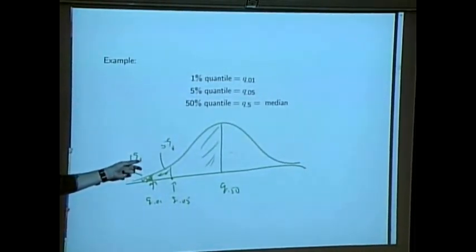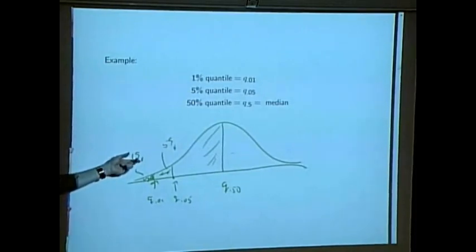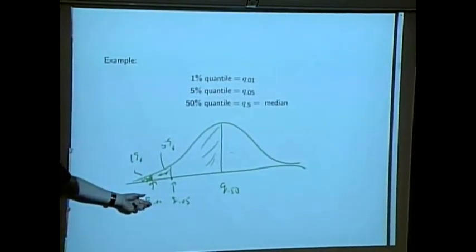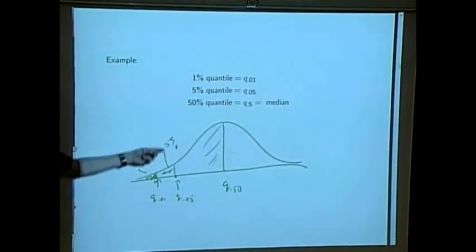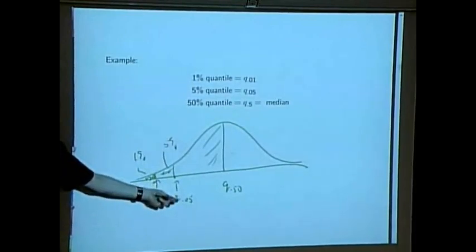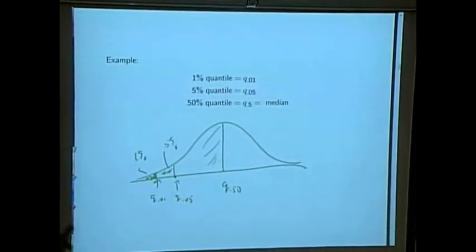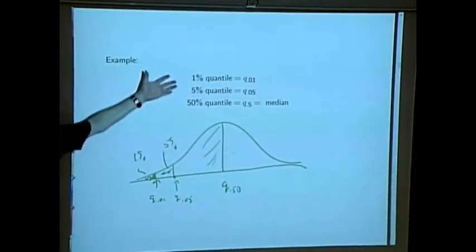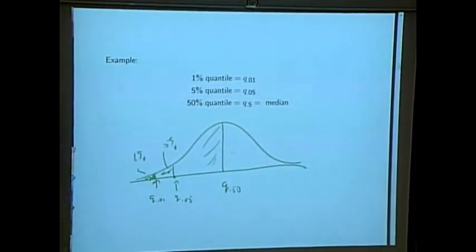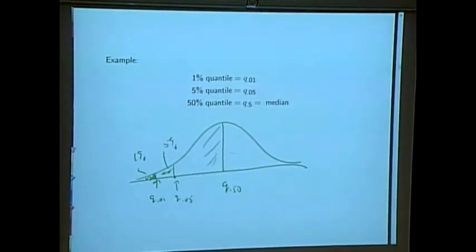So when we talk about with 1% probability, how much could we lose? Well, it's equal to the 1% quantile of the return distribution. And we can say with 5% probability, how much could we lose? Then we're concerned with the 5% quantile of the distribution. So these quantiles, particularly when we have distributions that represent rates of return, tell us about the probabilities associated with losing money. And that's a very important and very interesting way of thinking about risk.